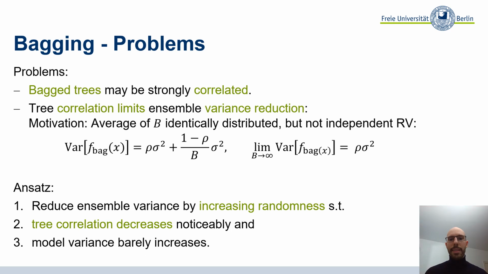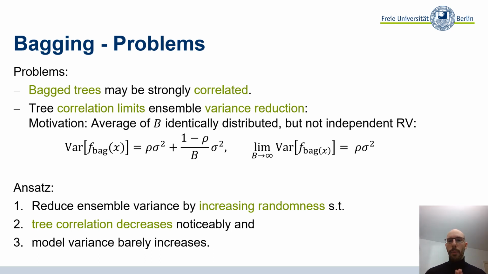And now if we let the number of models in our ensemble go to infinity, we end up with this reduced expression where the variance of the bagged model depends on the correlation rho and the variance sigma squared.